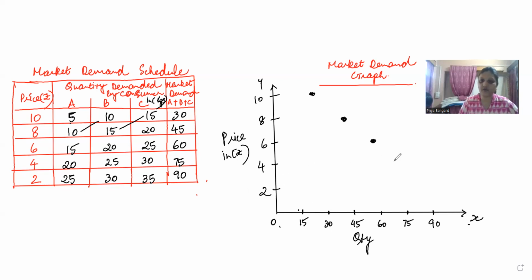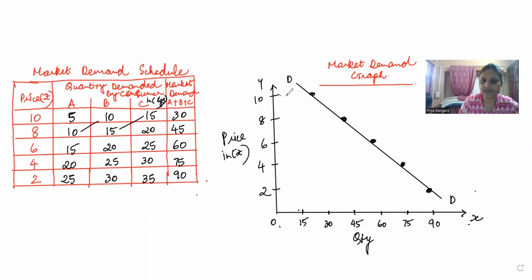When price is 4, quantity demanded is 75. And when price is 2, quantity demanded is 90. यदि मैं पांचों पॉइंट्स को ज्वाइन करूं, so I get a DD downward sloping demand curve.